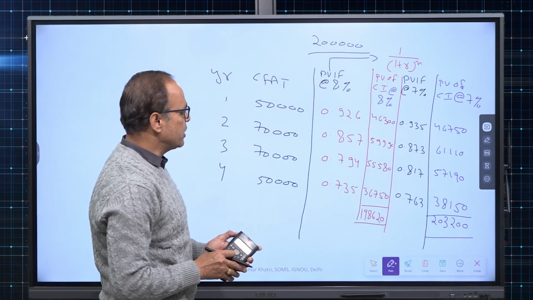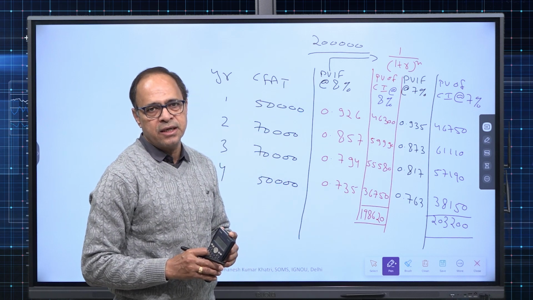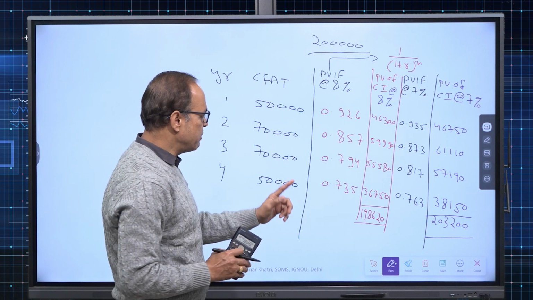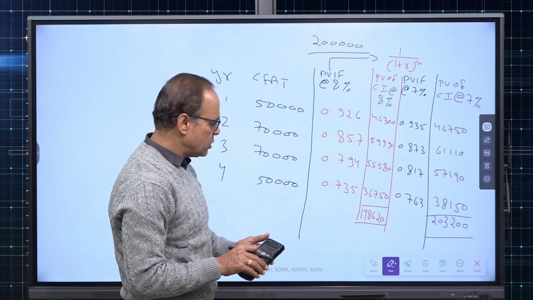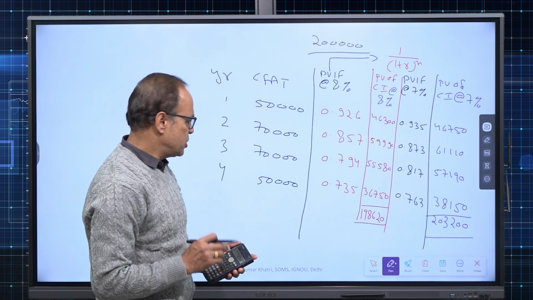$2,03,200. Now, you can see at 7% our PV of cash inflow is greater than target, at 8% it is less than target. Now, remember these two values, 2,03,200 and 198,620. Now, we will use the approximation formula.